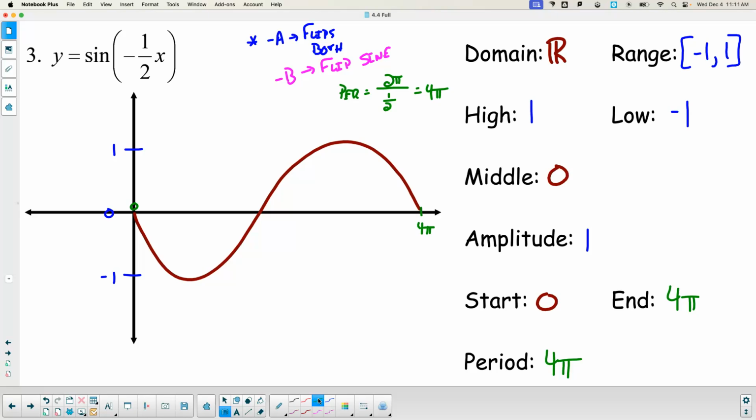Halfway is 2 pi. Halfway is pi. Other halfway is 3 pi. Okay. Negative a's, flip them both. Negative b's just flips the sign. Questions, comments, concerns, clarifications?